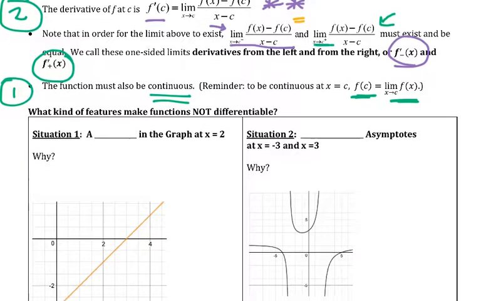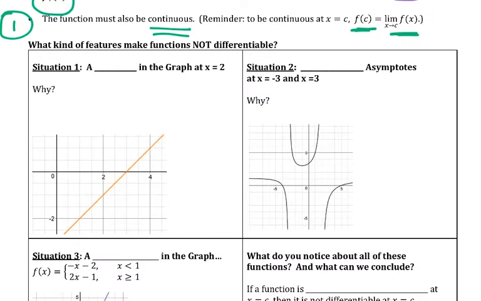Okay, so what kind of features make a function not differentiable? So again, we will consider continuity first. For this first graph, you'll actually have to draw this in. There should be a hole here at 2, -1. So this is a rational function that has a hole in it at x equals 2. So is this graph differentiable at x equals 2 when there is a hole?